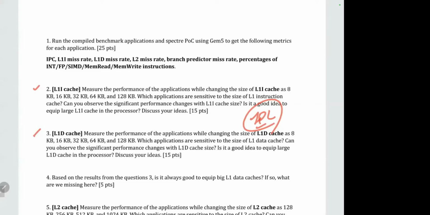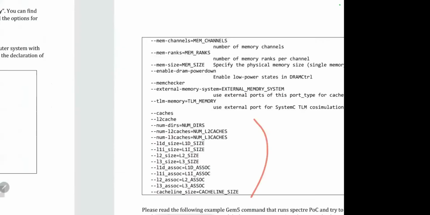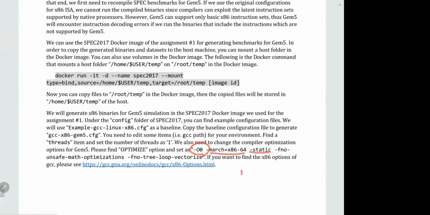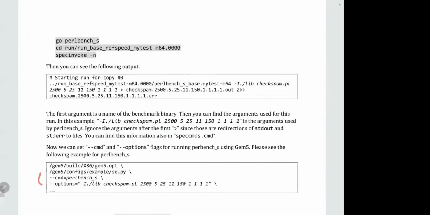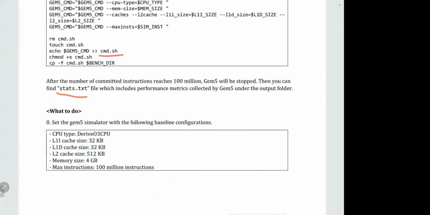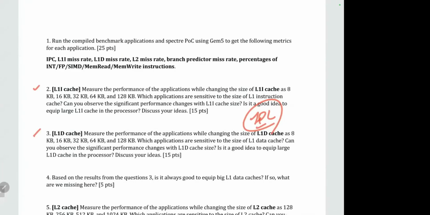Okay, any questions? I recommend you start as early as possible, because as I mentioned, if you run these binary benchmarks, it will take about 10 or 15 minutes per benchmark.